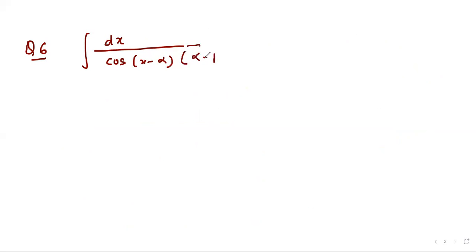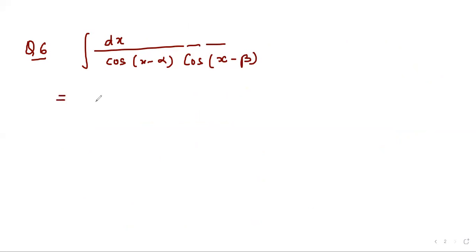Question number 6. It is a little difficult question. dx divided by cos x minus alpha times cos x minus beta.